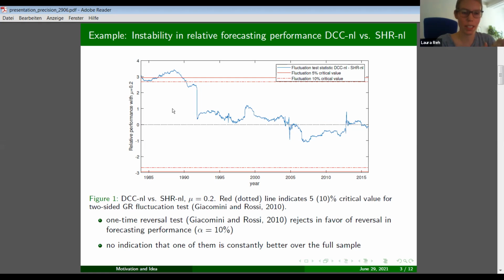But what the test was able to detect as well, and that's the interesting part, is a reversal, and we have no indication that one of the models is constantly superior over the full sample. And this leads us to the conclusion that it might be sensible to use either something like a forecast combination or a forecasting scheme in which we have something in between a dynamic and a static model, depending on which state of the economy we are in, right?